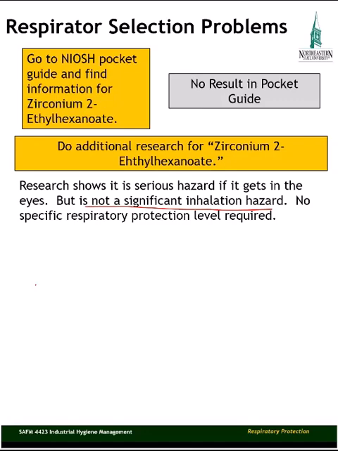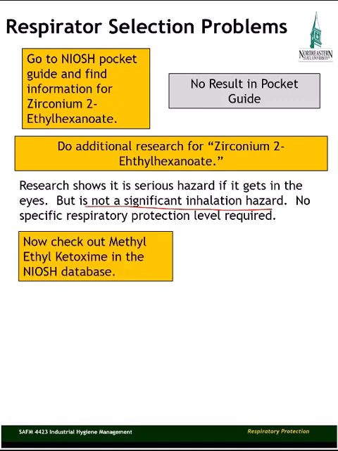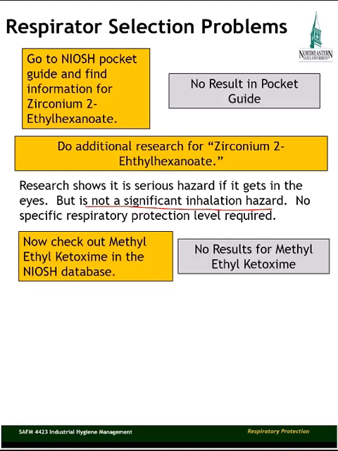Now, we would want to make sure our workers understood the eye hazards and even the skin hazards. You don't want to get it on your skin. You definitely don't want to get it in your eyes. But for inhalation respirators, it's not applicable. Now we need to check out the methyl ethyl ketoxime in the NIOSH database. When we do that, no results.